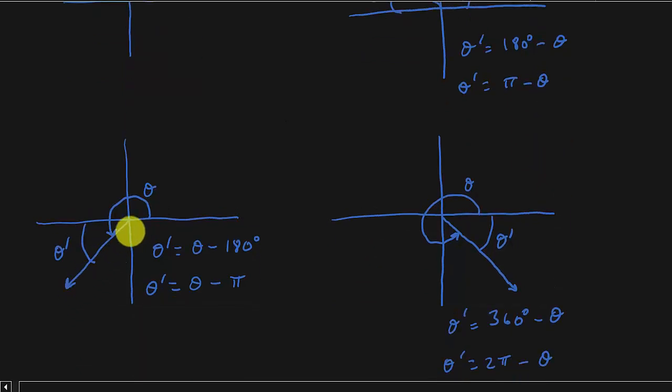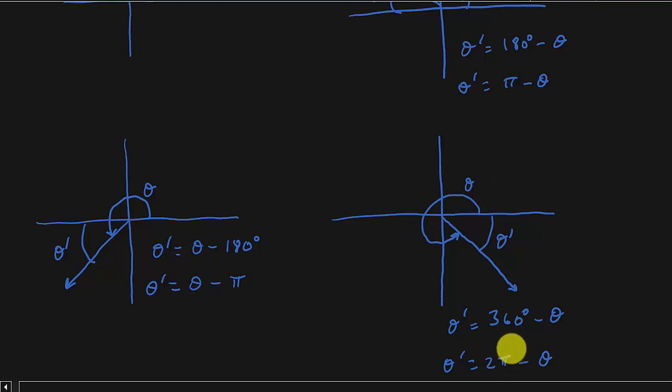And then if we're in the third quadrant with our angle, then the reference angle is theta, and then you would have to subtract off the 180. Or if you're in radians, theta minus pi. And then if your angle is in the fourth quadrant, then your reference angle is here. You'd have to go all the way around to 360 and then subtract off theta. Or if you're in radians, that would be 2 pi minus theta.